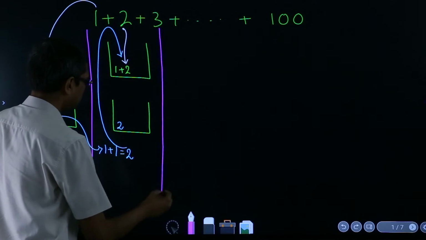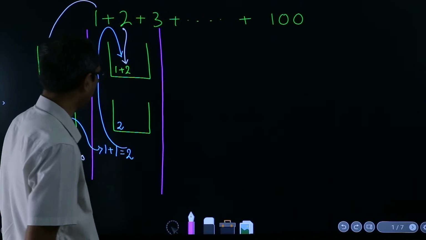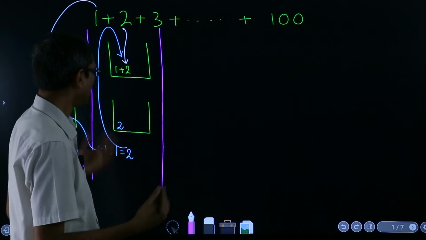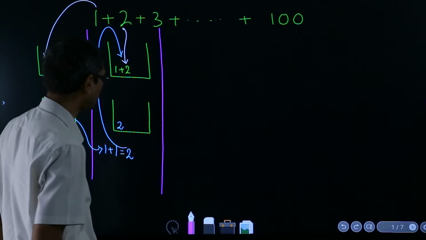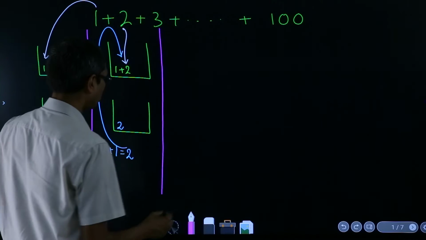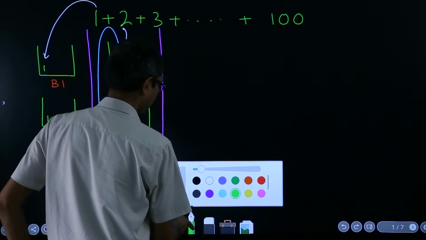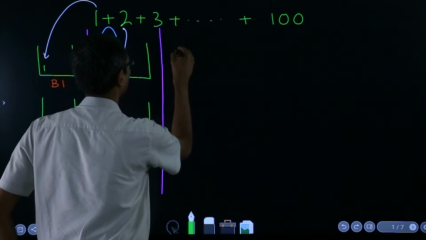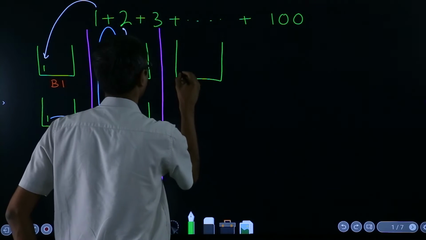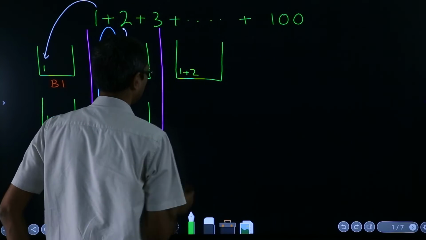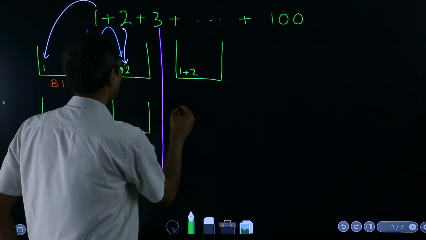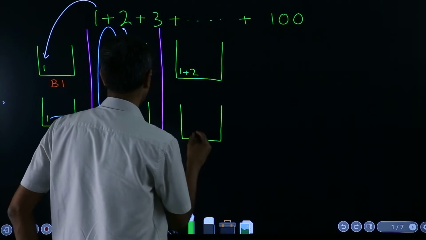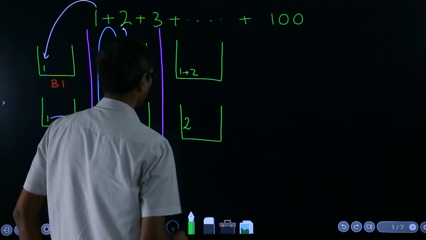Again we will meet, say, next week to do the same repetitive process, but again we don't remember where we had stopped. So we just have these buckets again, where 1 plus 2 is already calculated, equal to 3, and this bucket is having 2.